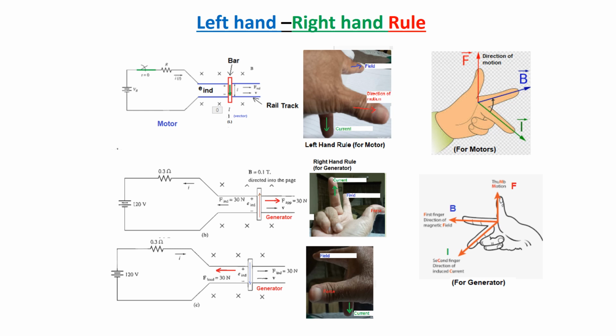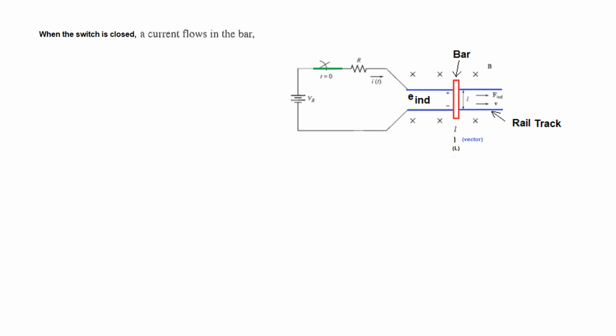So in this case, the current will flow from top to bottom. If you keep this in mind, then all your queries about the direction of current flow or the direction of movement of the bar will be clear.